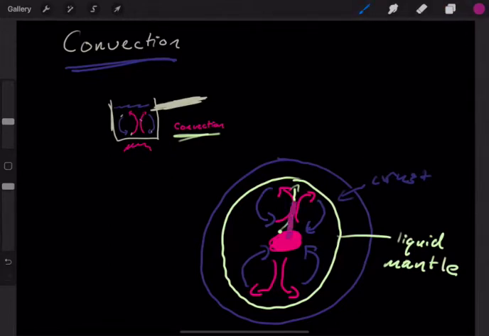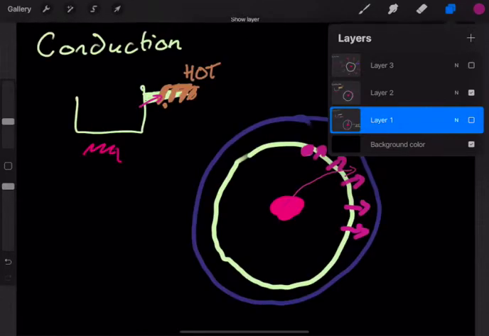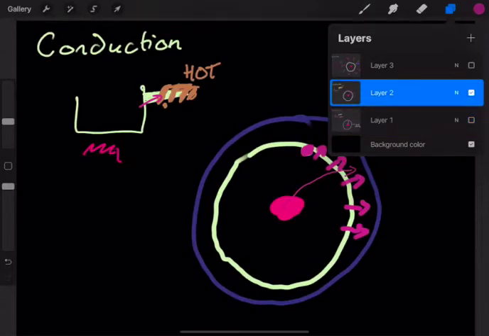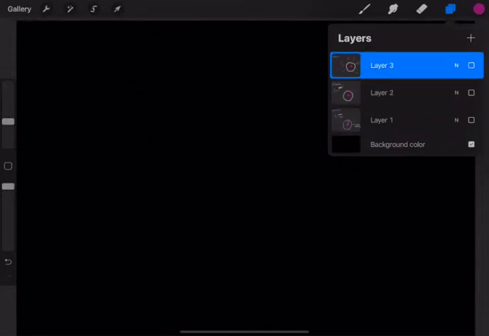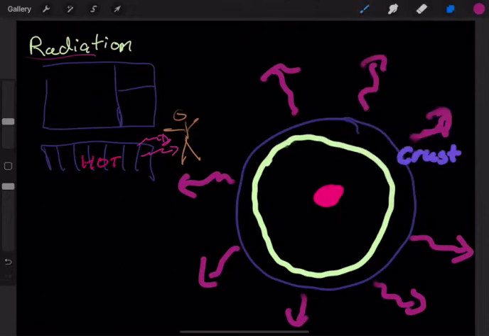The inside of the Earth to the crust, and then from the mantle into the crust, and then from the crust into space. Convection, conduction, radiation. All right? And there'll be a point in the quizzes where you each have to pick one of these and explain how it works. All right.